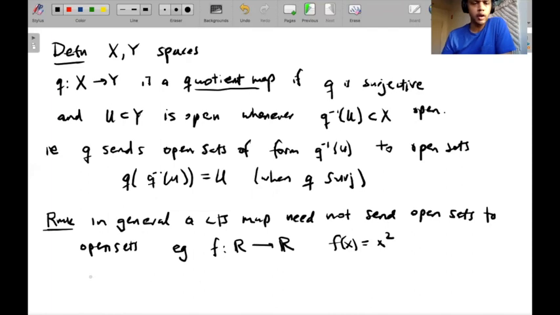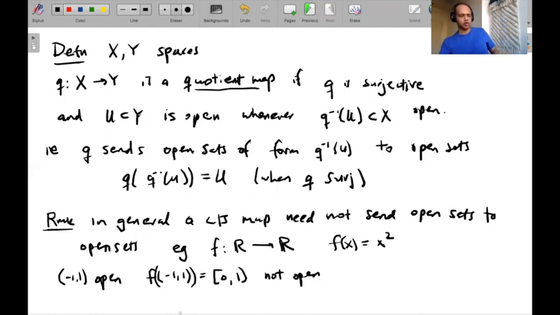Here, minus 1, 1 is open, but its image is the interval 0, 1, closed on one side, open on the other, which is not open. I guess technically there should be double parentheses here.